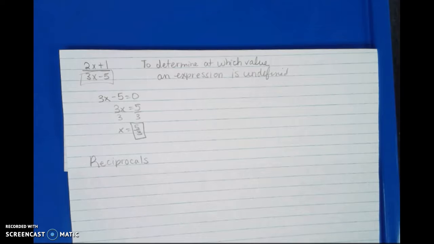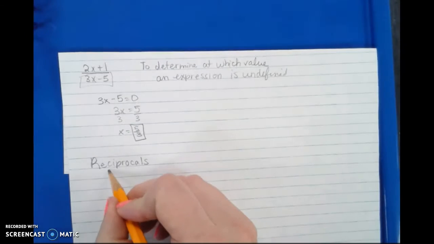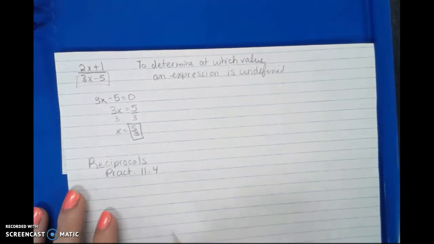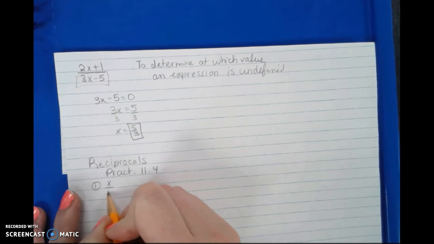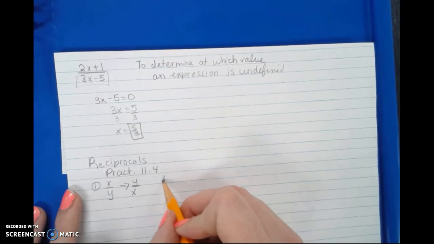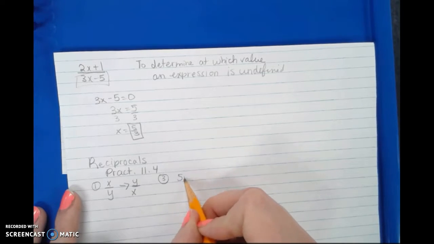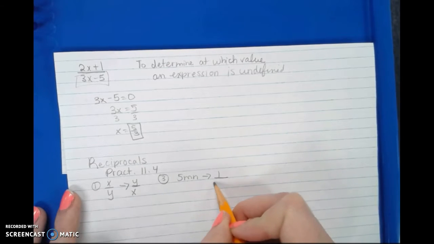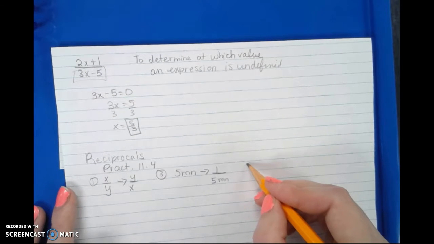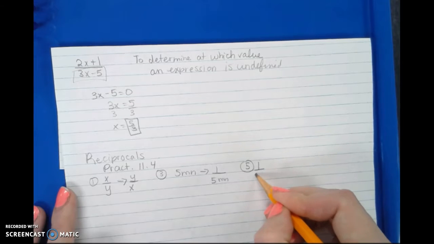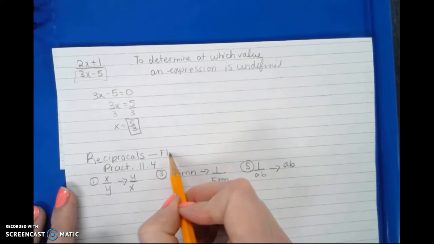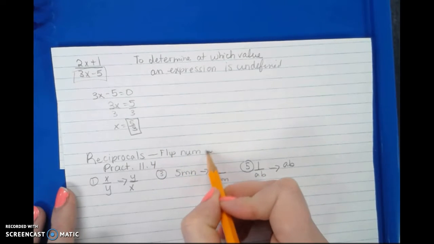So if we look at practice 11.4, it gives us examples of reciprocals, such as number 1, the reciprocal of x over y would be y over x. Number 3, the reciprocal of 5mn would be 1 over 5mn. Let's do number 5, the reciprocal of 1 over ab would be ab. So to find a reciprocal, you simply flip your numerator and denominator.